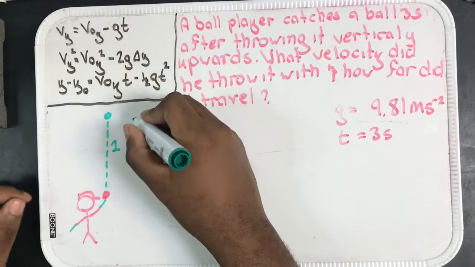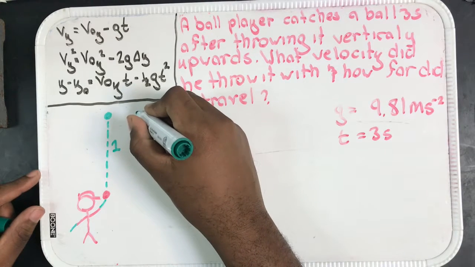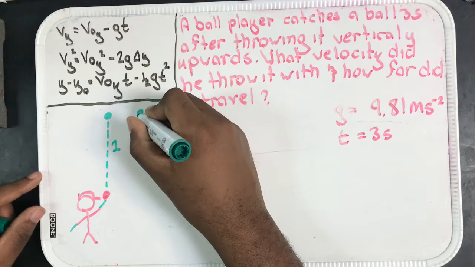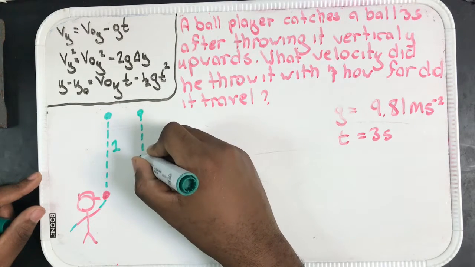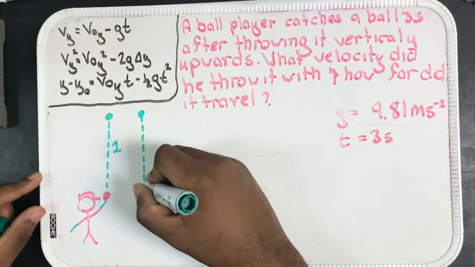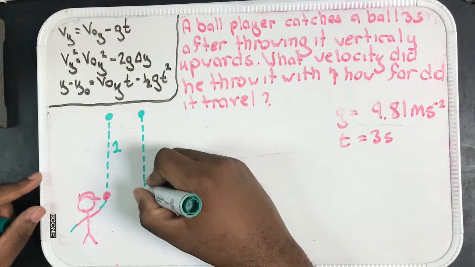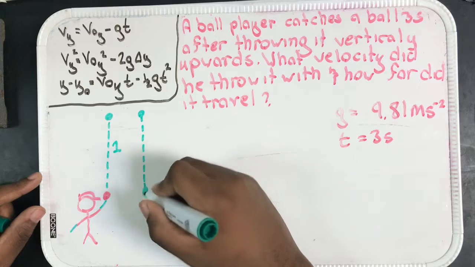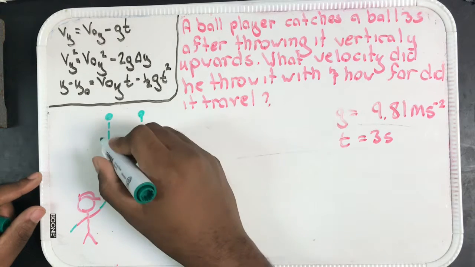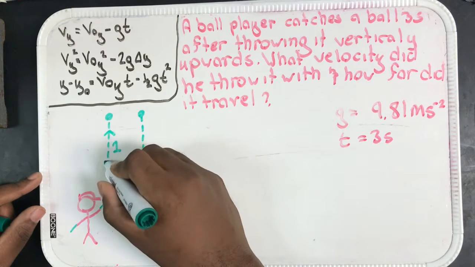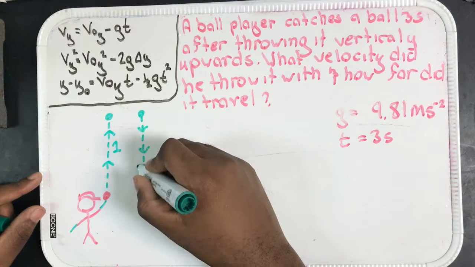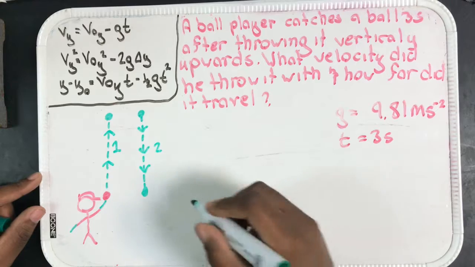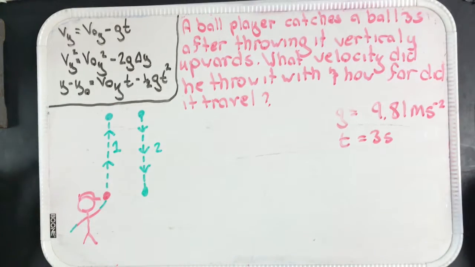Now over here I'm going to draw a separate diagram, and this is the ball coming back down. I'm trying my best to denote these so you understand what's happening. This is journey 2.